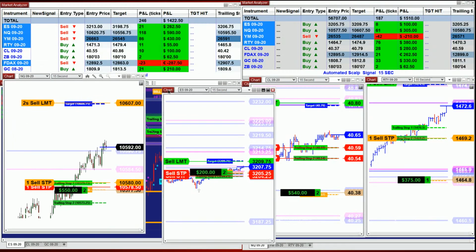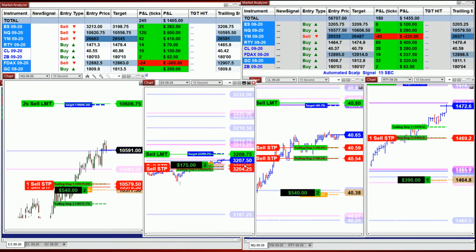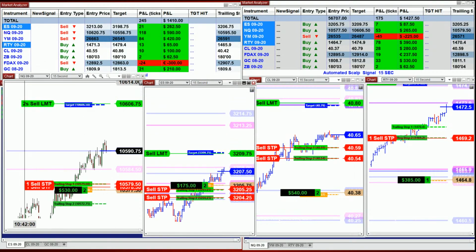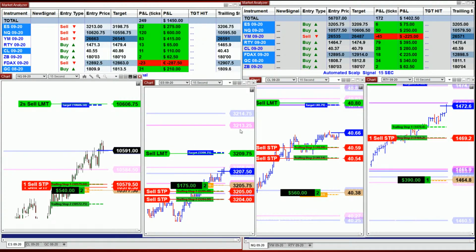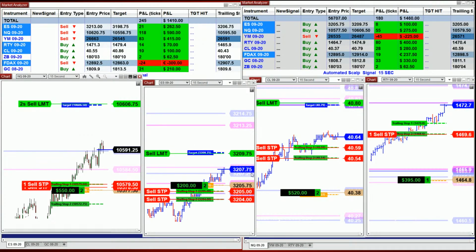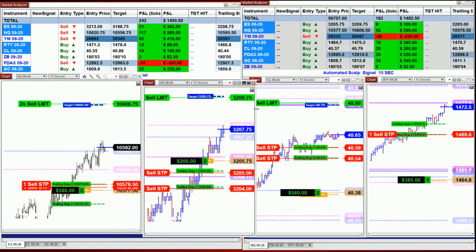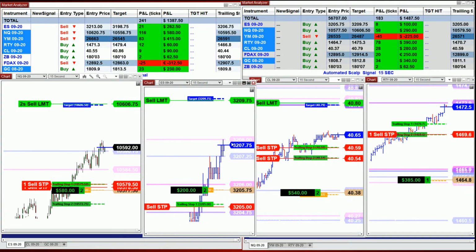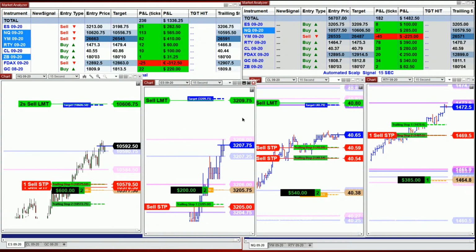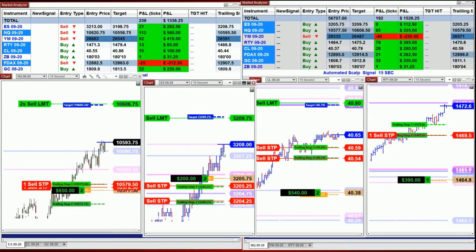This is the ES trade, and those are the levels on the ES trade. What's going on in the Nasdaq here is waiting on Mr. ES here to break out the 3208. It's the same story.